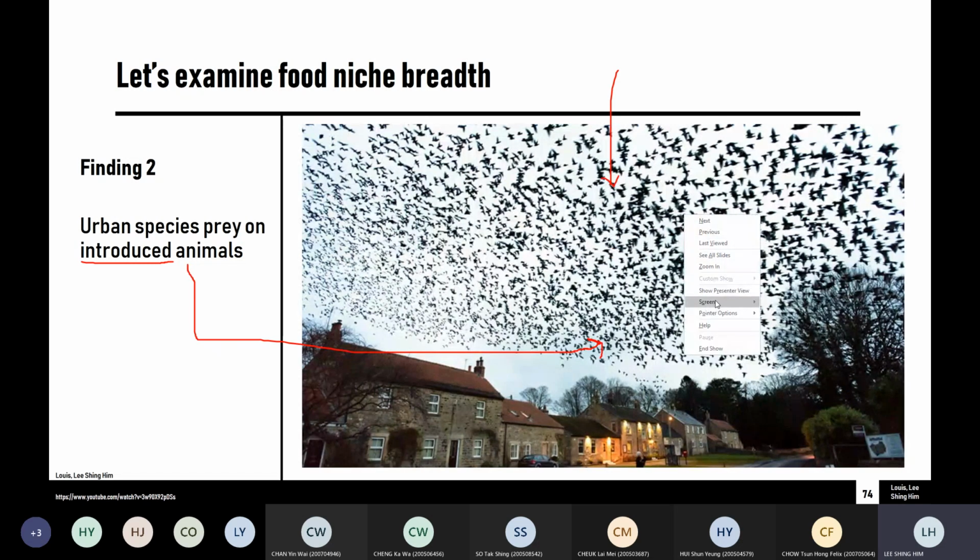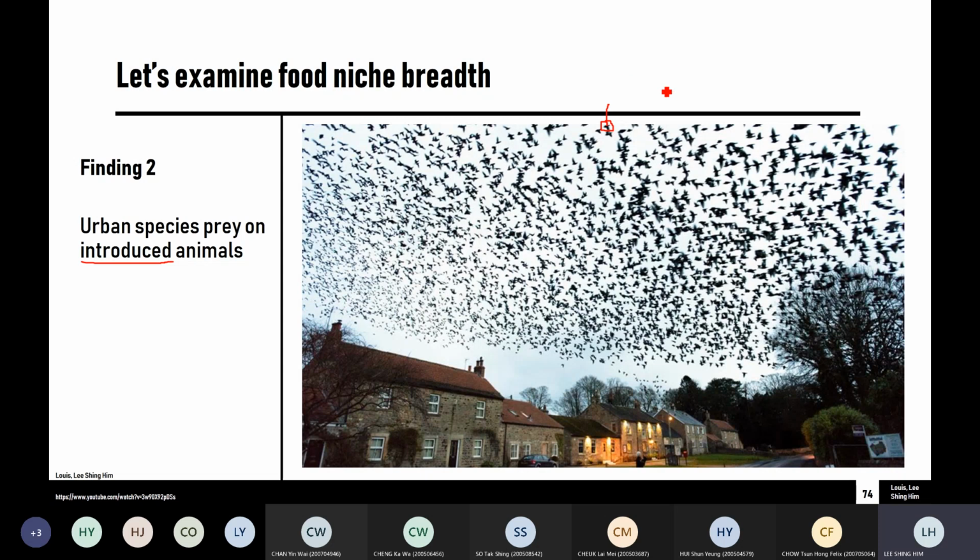Another example is this. Now you can see there are a lot of black dots in this picture. 幾恐怖啊，其實。These are the individual birds. So this picture was taken, I think, in let's say an American city, and these are starling.